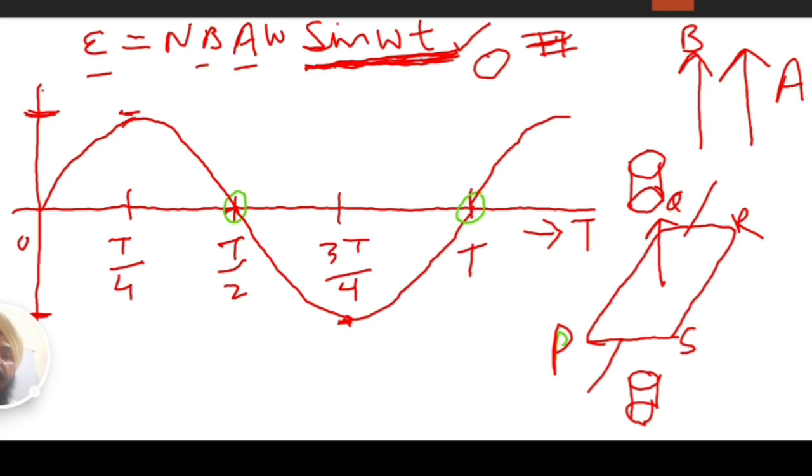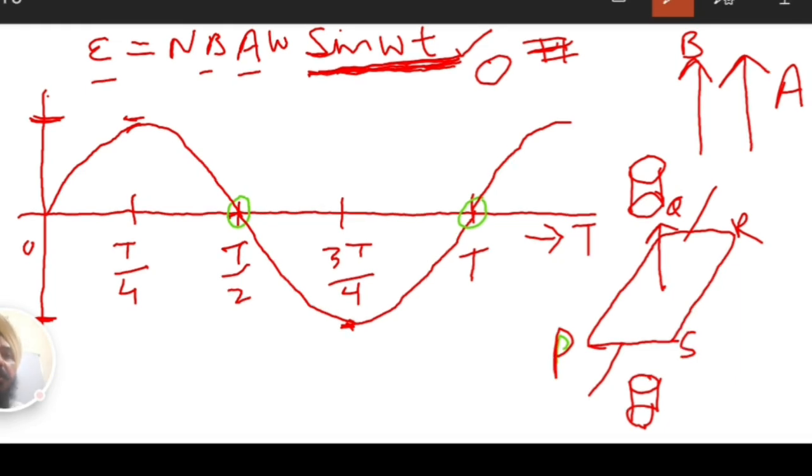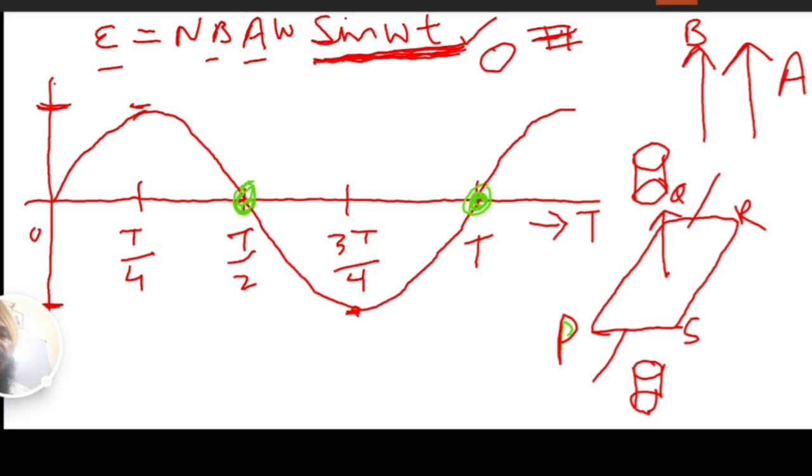So in this way we will get an alternating EMF which changes direction at T by 2 and T. So at this point we will get the maximum value as E naught, and at this point we will again have the maximum value which is minus E naught, because here at this point we have sine 270 degrees.